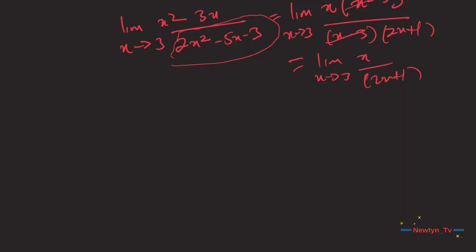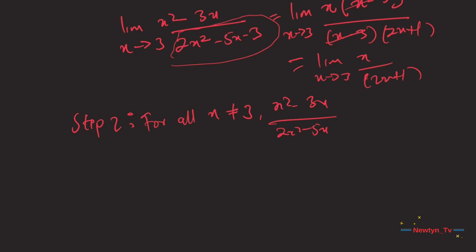Step 2 is for all x not being equal to 3, x squared minus 3x over 2x squared minus 5x minus 3 will be equal to x over 2x plus 1.